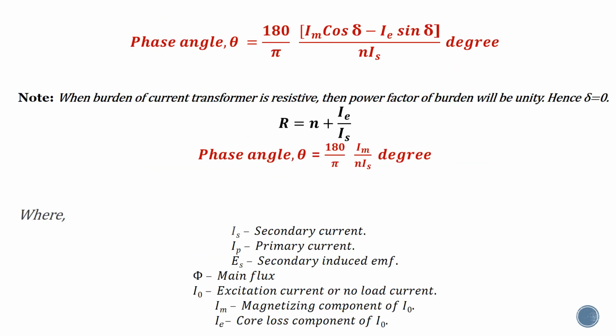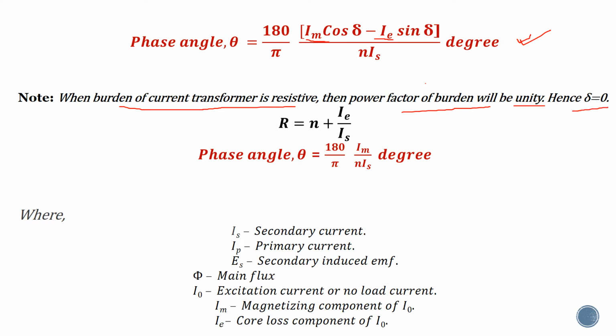Phase angle is represented by theta. It is basically the phase difference between the rated primary current and the actual primary current. In terms of magnetizing component and the core loss component of excitation current, the formula of phase angle comes out to be like this. Also, as discussed in my previous video of current transformer, when the burden of current transformer is purely resistive, then the power factor of the secondary side or the burden becomes unity and hence the delta becomes 0.